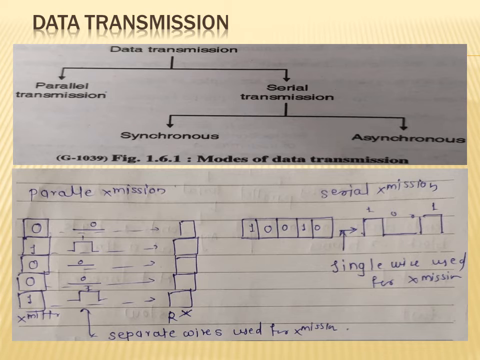In parallel transmission, multiple bits are sent simultaneously instead of bit by bit. It is a faster way of communication, but it requires multiple wires for the connection between transmitter and receiver.